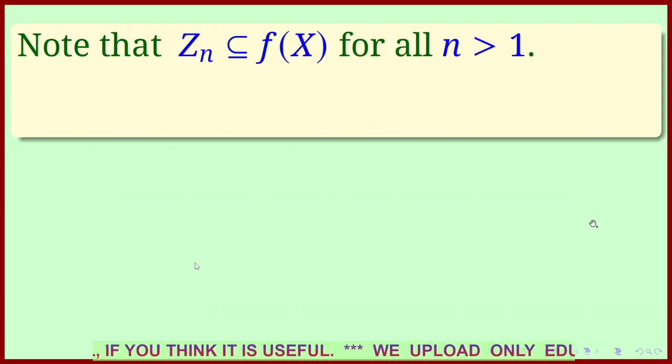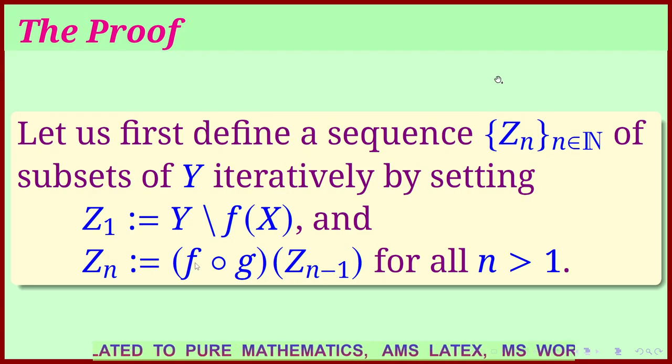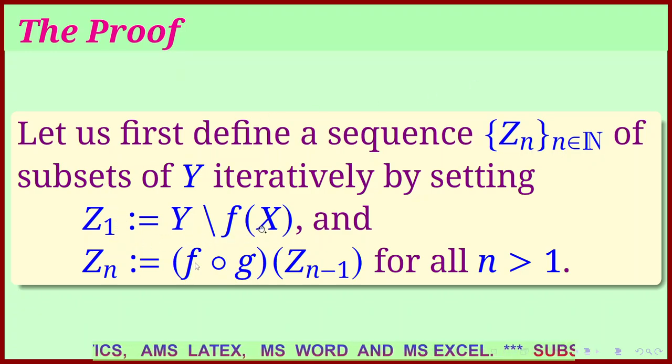Next, we note that these Zn are actually subsets of f(X). These are all contained in f(X) for all n greater than 1, except n equal to 1, which is actually the complement of f(X), so there is no chance of it being contained in f(X).